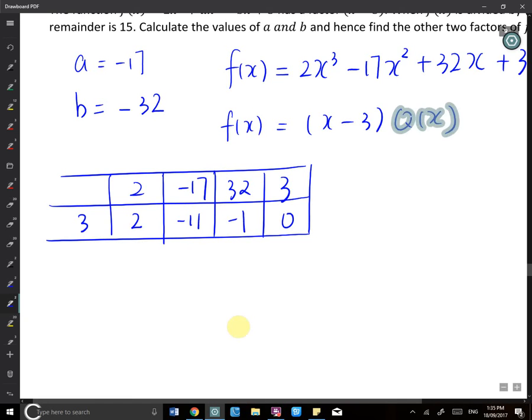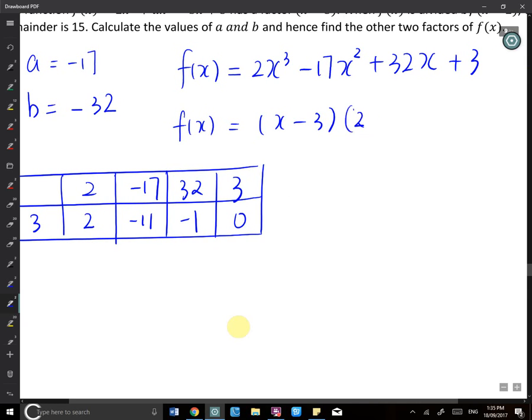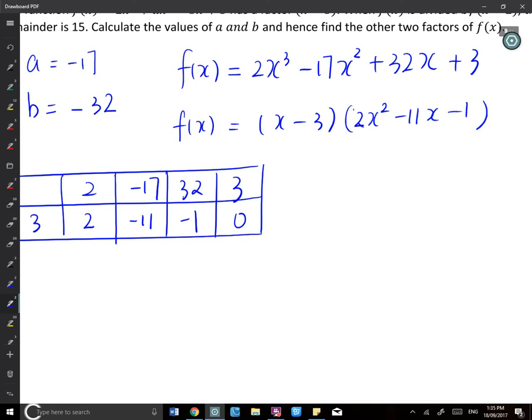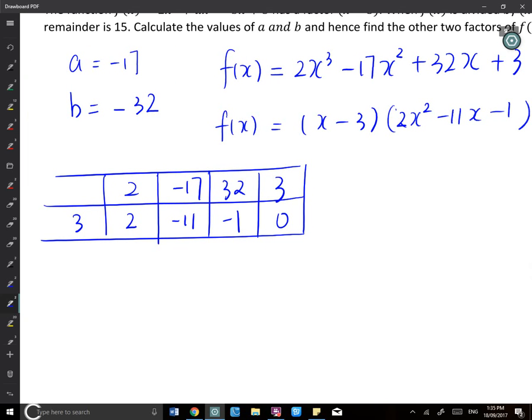So my q(x) is actually 2x squared minus 11x minus 1. This table is used for that, and I have the table and I can find what my q(x) is.